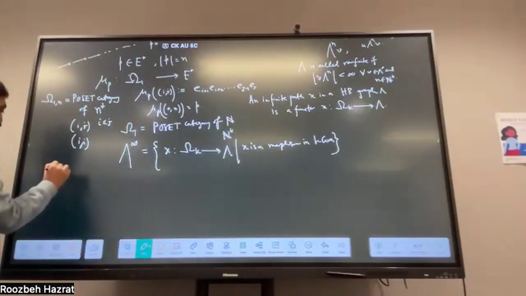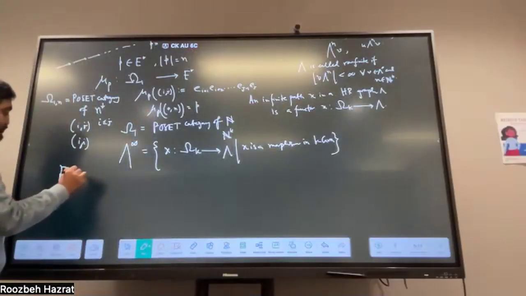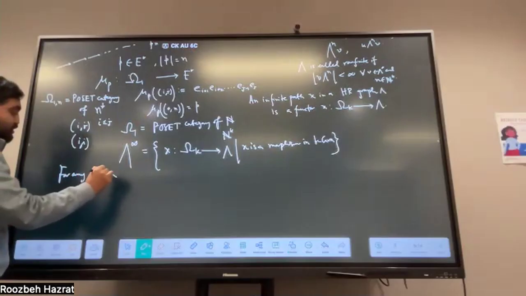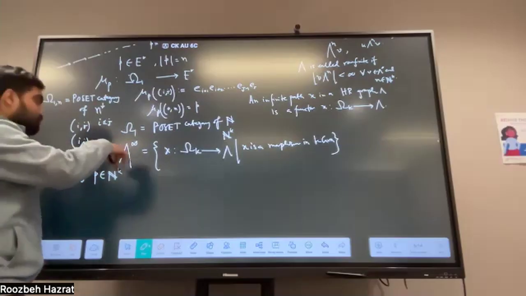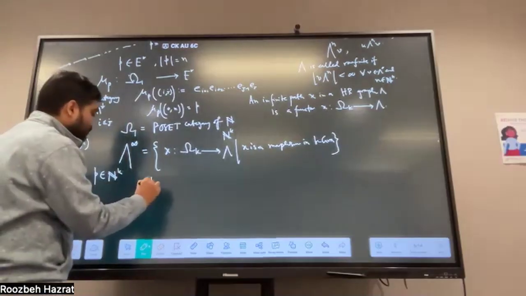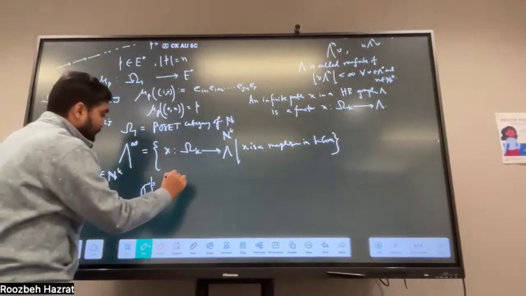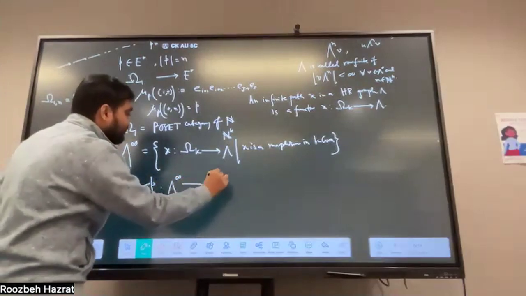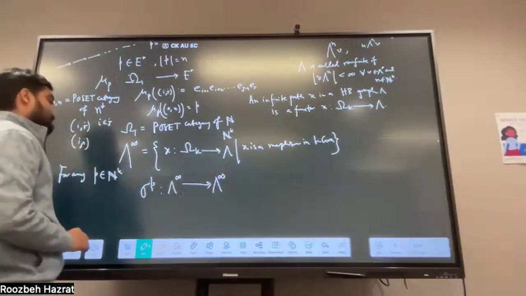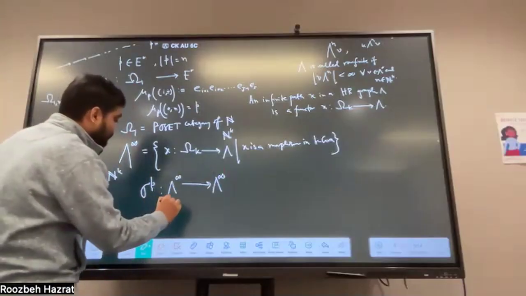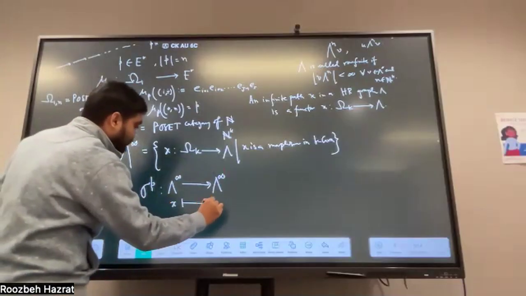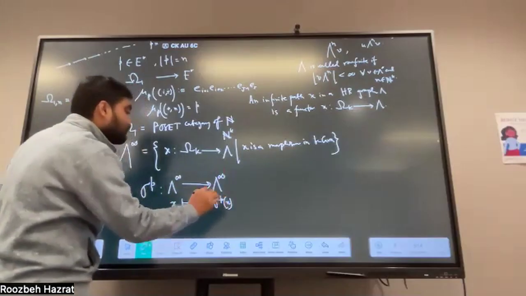And then, for any P in N^k, you can talk about the shift maps in this world of infinite paths, sigma^P. It is like an endomorphism. So take an infinite path x, and it goes to sigma^P x. That is also an infinite path.